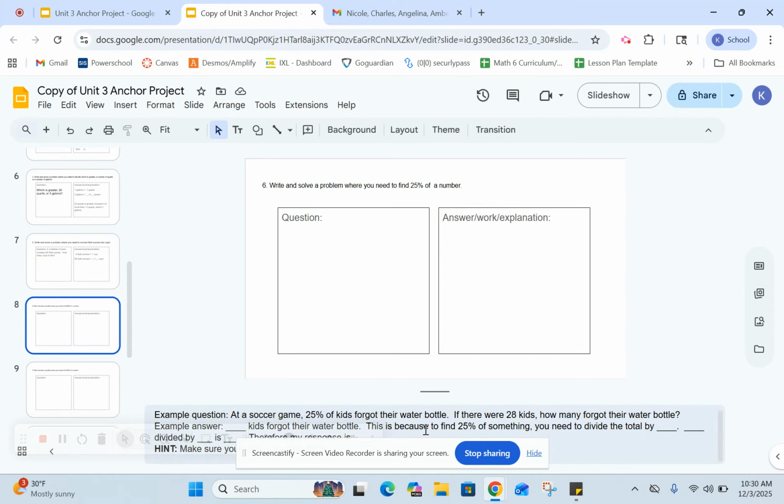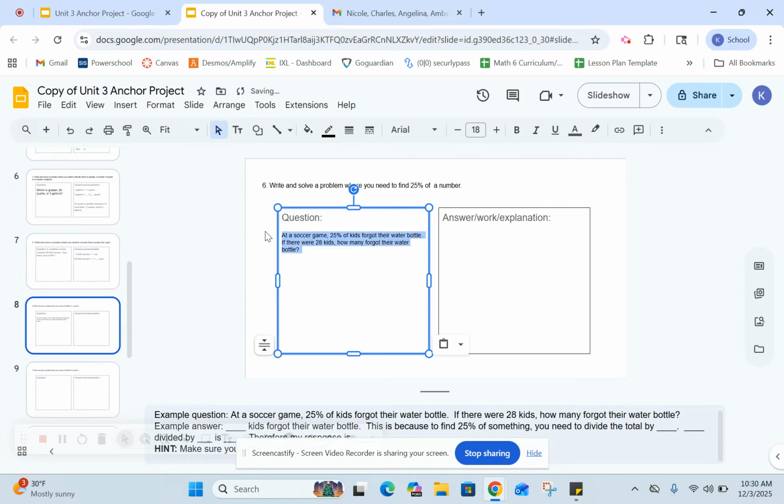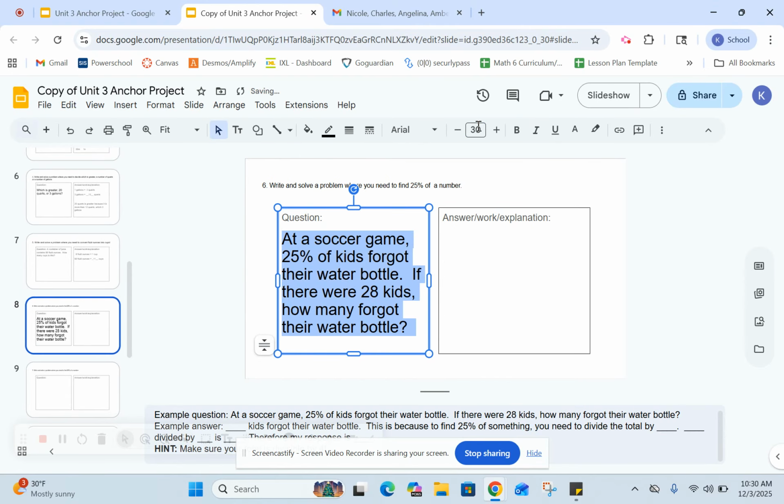Write and solve a problem where you need to find 25% of a number. Again, I'm just going to copy this. All right, at a soccer game, 25% of kids forgot their water bottle. If there are 28 kids, how many forgot their water bottle? So, we need to make our chart.